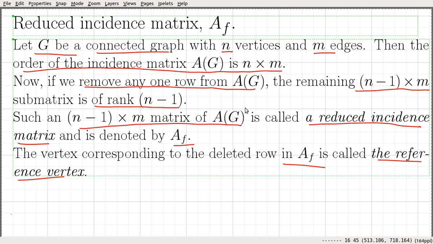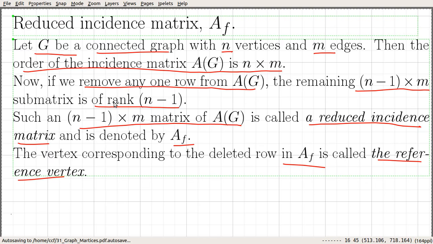The resultant matrix of order n minus 1 by m is what is called a reduced incident matrix. And since in the incident matrix every row corresponds to a vertex, the vertex corresponding to the deleted row is what is called the reference vertex.